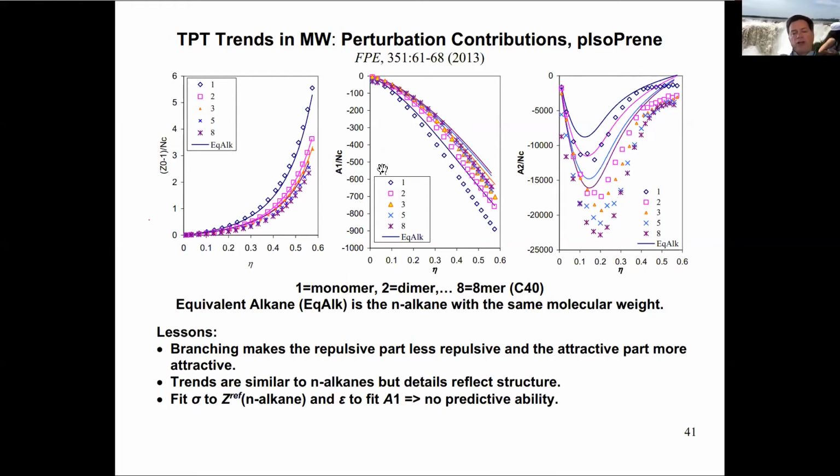And the points then are the results from the simulations for polyisoprene. What you see is that polyisoprene is not as repulsive, so the repulsive pressure is not as high. On the other hand, it's more attractive, so the attractive energy is even deeper. So it suggests that maybe it's not possible to use a tangent sphere chain approach for all of these different types of molecules, because it's less repulsive and more attractive.